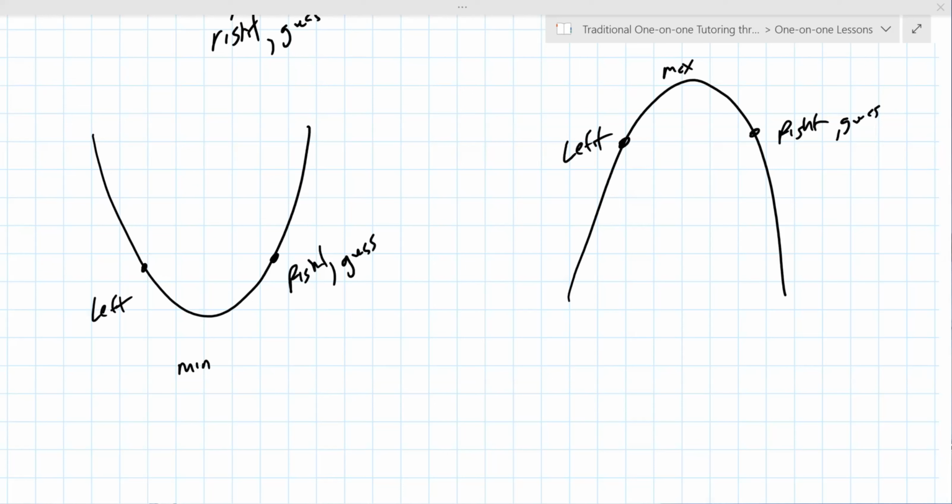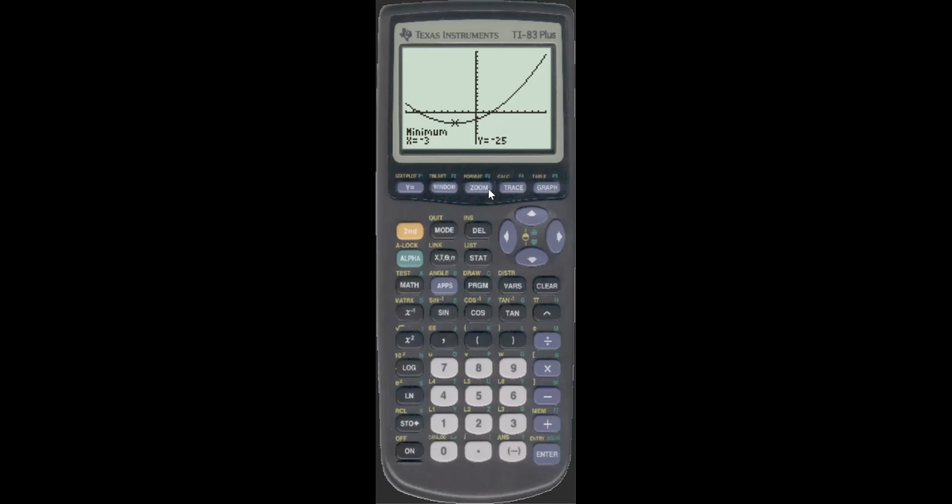Yeah, so when you're setting up the window, how do you know what's an appropriate amount so you can see the whole graph? There's no perfect answer to that. Let me go back to the graph calculator. Let me just do a zoom standard, which is a 6.